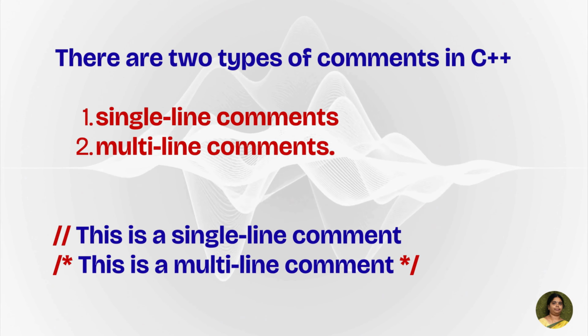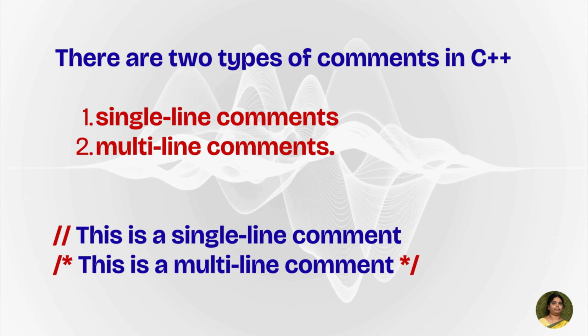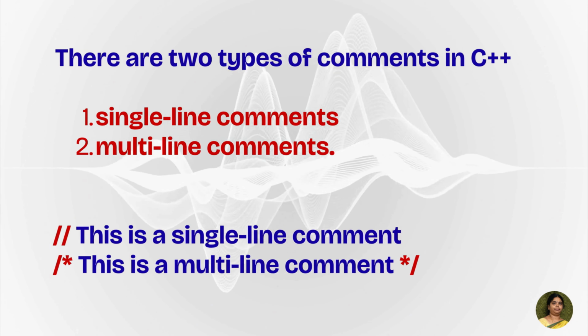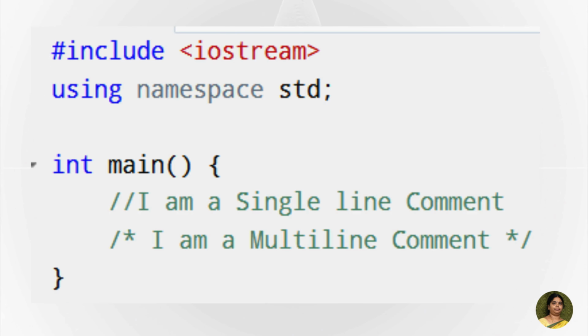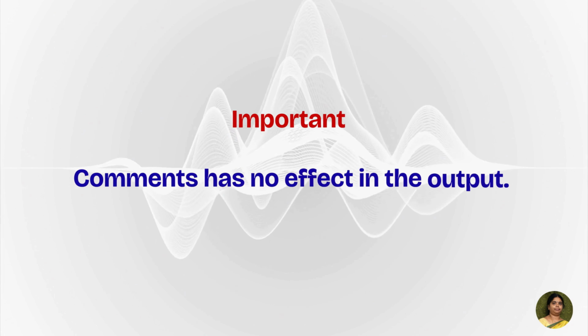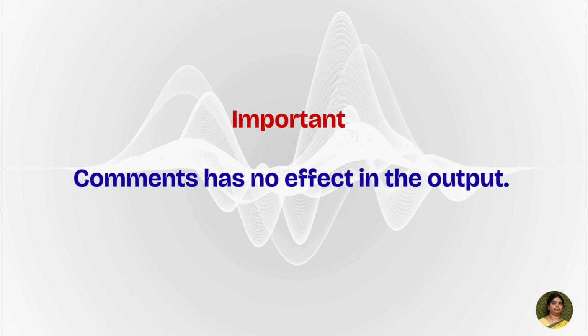Double slash: this is a single line comment. Starting with slash star and ending with star slash: this is a multi-line comment. A single line comment starts with two forward slashes. A multi-line comment starts with a forward slash and asterisk and ends with an asterisk and forward slash.